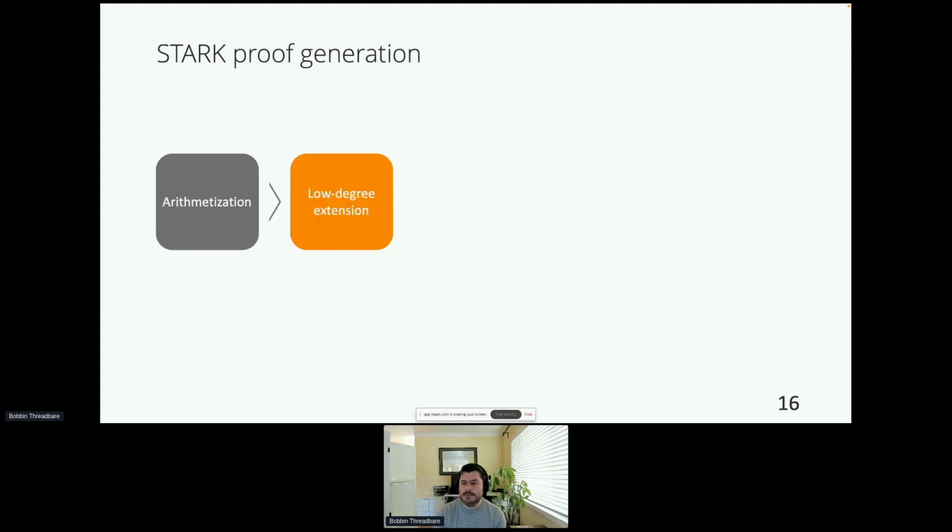And then in the next step in the STARK protocol, at a very high level, you do something called low degree extension, where you interpret the columns in the execution trace as polynomials or evaluations of some polynomial, and then you interpolate them and evaluate them over a larger domain. And then next, you do constraint evaluations, where you actually evaluate the constraints that we have described as part of our arithmetization. You evaluate them over this extended execution trace.